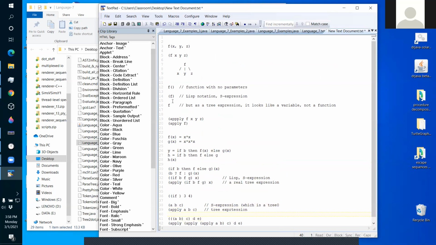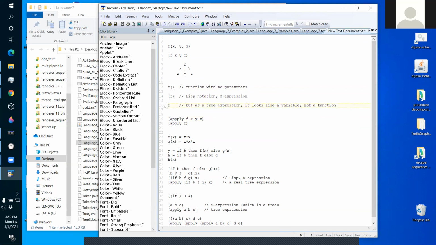Initially, I said it was because of these zero argument functions. A zero argument function, that's one good reason to use the apply notation, but it's not the best reason. Because if we were only worried about zero argument functions, I could probably solve the problem and still keep the tree structure in the interpreter and not need the apply.